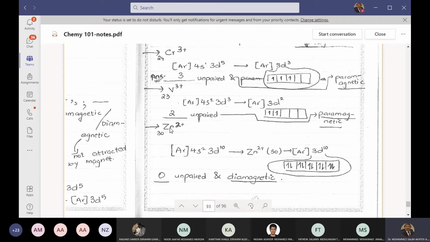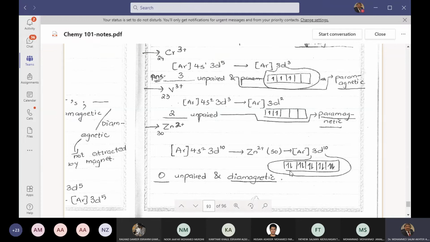Zinc 2 plus. Write down the normal configuration: Ar 4s2 3d10. 2 plus means I lost 2 electrons, so it will be Ar 3d10.